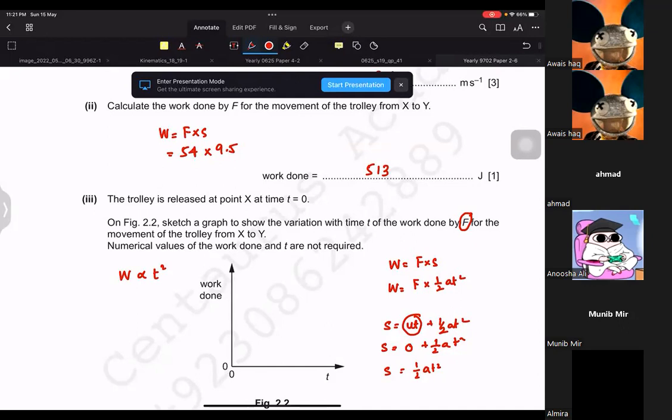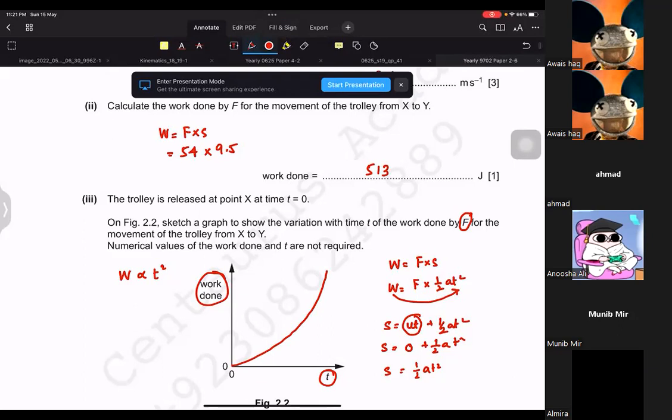No values are required; we just need to draw a line between work done and time, so I'm trying to find the relationship between them. So work done has a relationship of t squared. A squared line, according to math, is a curve with increasing gradient like this.